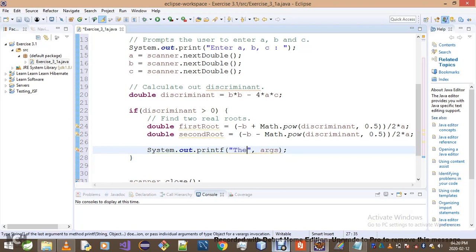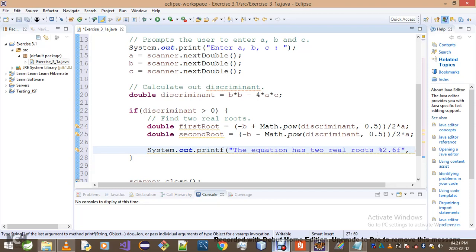Okay, what I'll simply say is the equation has 2 real roots. Okay, and then I'll simply put those roots right here, and they'll go, well, I need 6 numbers after a decimal point.